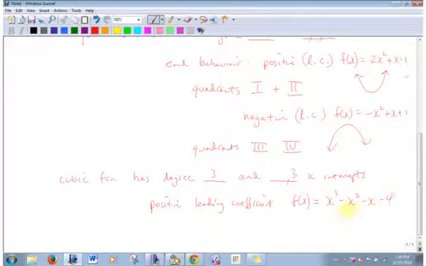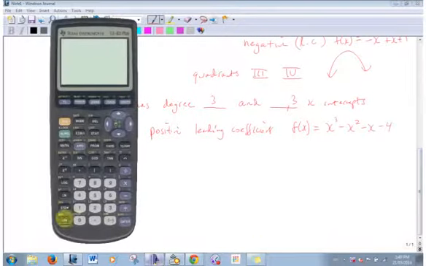It just affects its shape a bit, makes it a little more curly. Actually, it affects how many x-intercepts you're going to have. Let's see what that looks like: x to the power of 3 minus x squared minus x minus 4.